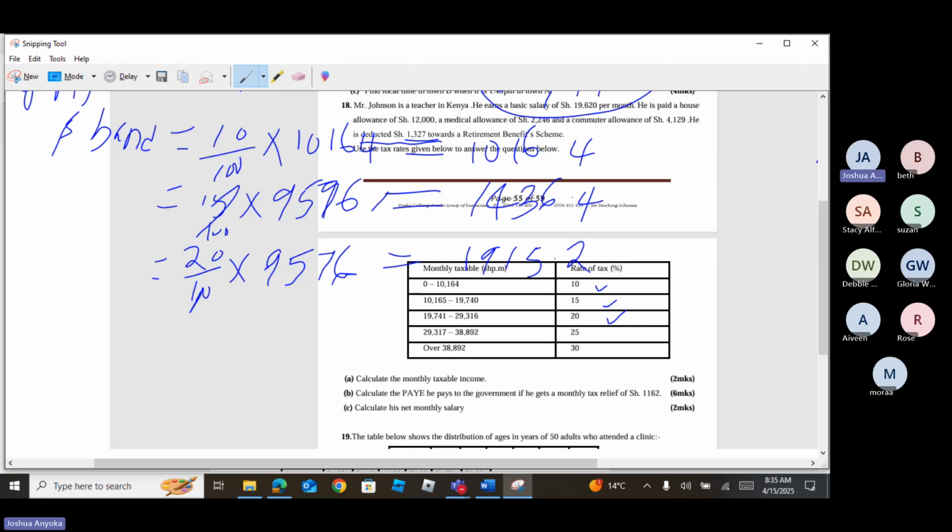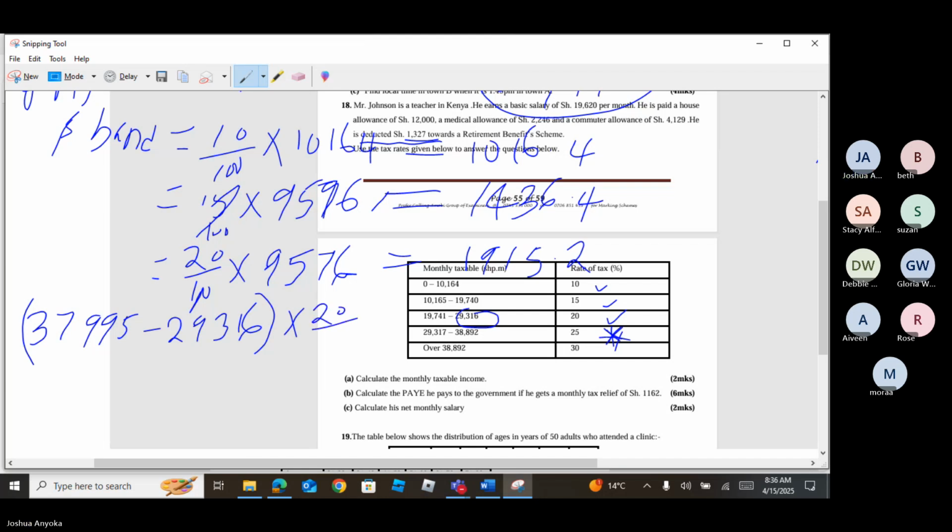Now, our taxable income was lying in which band? So the band is not complete. We say the remaining band, we get it by taking our taxable income 37,995 minus 29,316. This is the remaining amount. Then you multiply this by the percentage in that band.